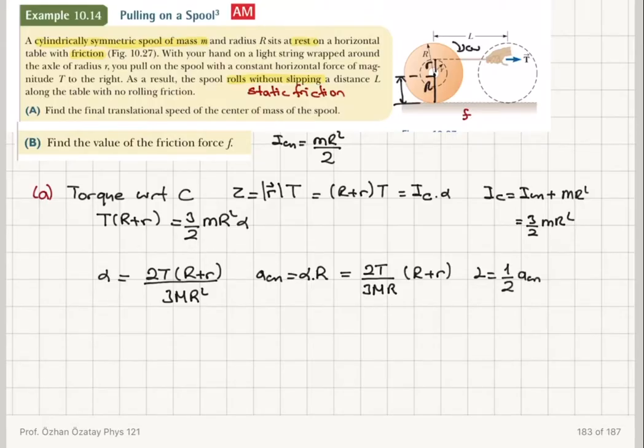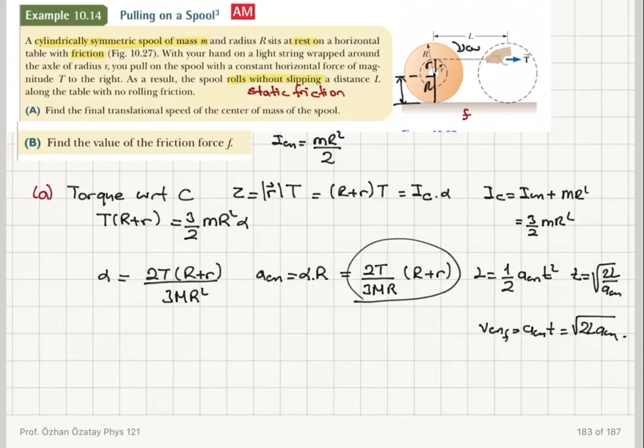And because it's traveling a distance L with a constant acceleration, L is 1 over 2 a center of mass t squared. I find that t is going to be the square root of 2L over a center of mass, and the final center of mass velocity will be a center of mass times t, which will be the square root of 2L a center of mass.